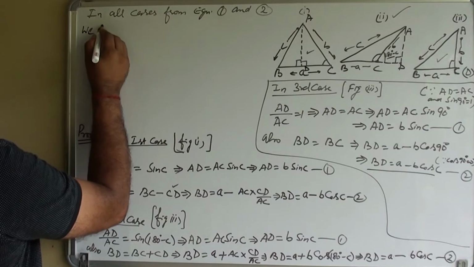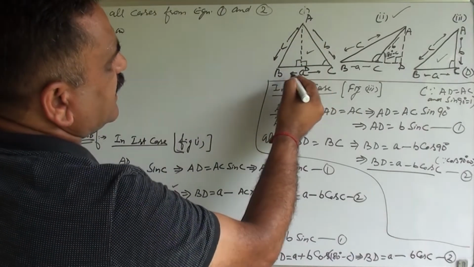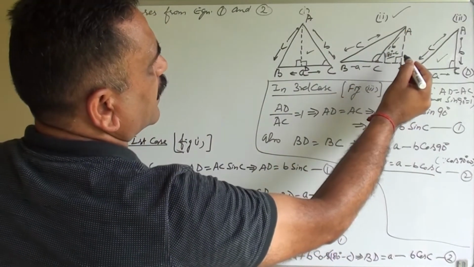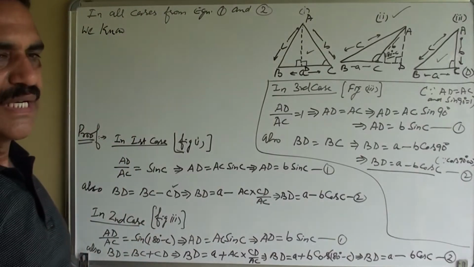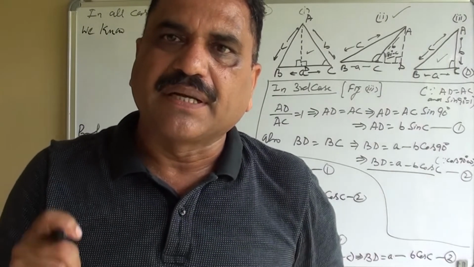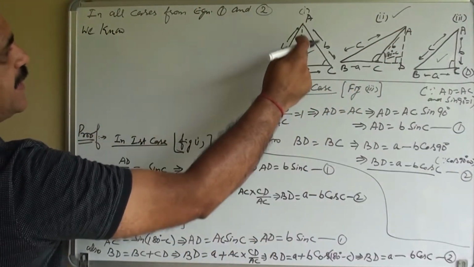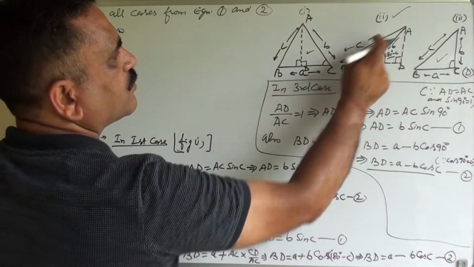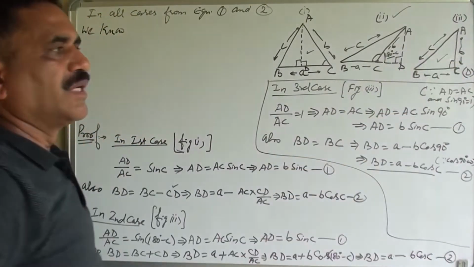We know, what is AD square plus BD square? This is equal to AB square. AD square plus BD square is equal to AB square.